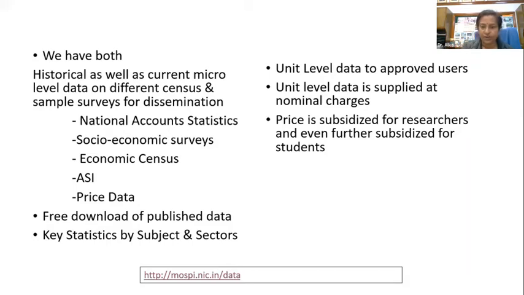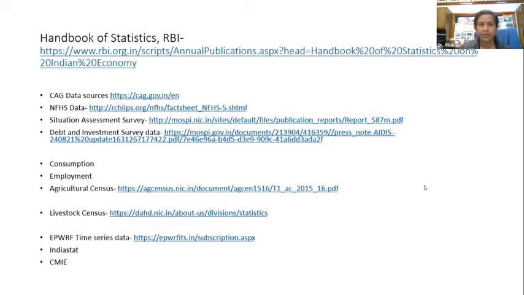Now we are coming to another very good database, which is by the Reserve Bank of India. I am pretty sure that many of you must have seen the Handbook of Statistics. That is a very big, very thick, very voluminous handbook.